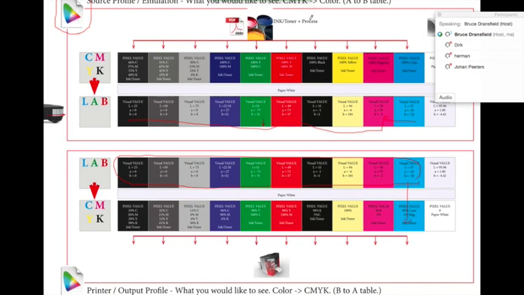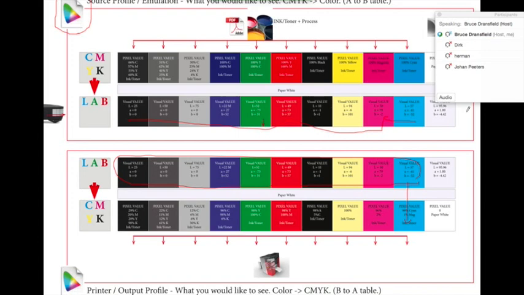And we think of this as an A to B table. So we have A to B is ink to light or separations to light, and a B to A table is light to separations.